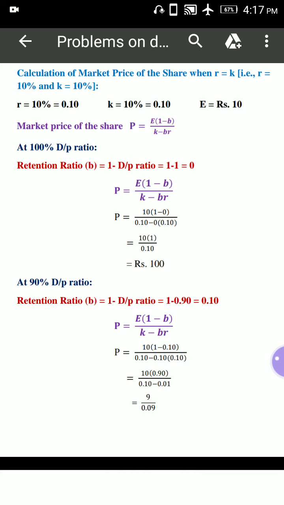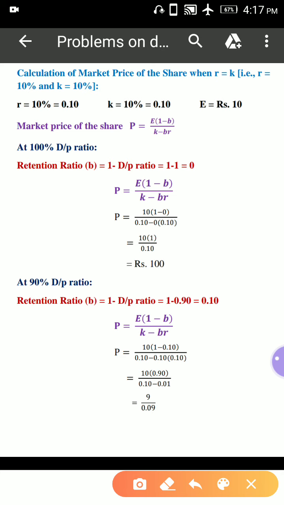Now 10 into 1 minus 0.10, that is 0.90, divided by 0.10 minus 0.10 into 0.10, that is equal to 0.01.